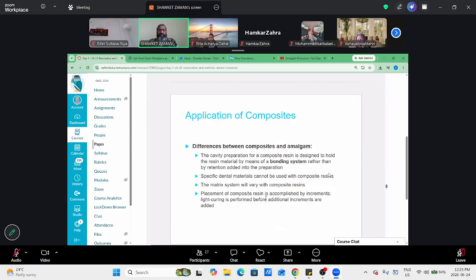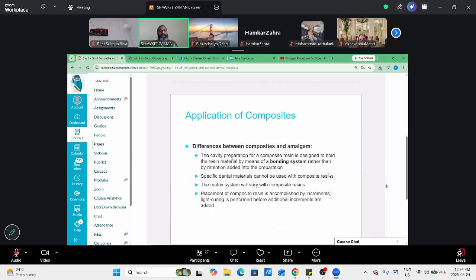So that's why specific dental materials cannot be used with composite. But on the other hand, amalgam can easily go with any of the dental materials. It is not choosy.